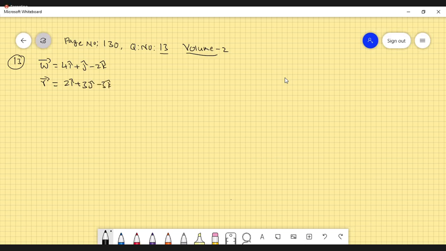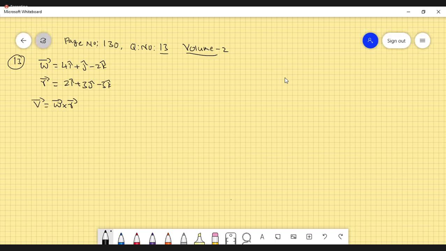So angular velocity and position vector they have given. Now you need to calculate linear velocity. So what is the relation between these two? So linear velocity is equal to angular velocity cross r. Okay, so vector product.